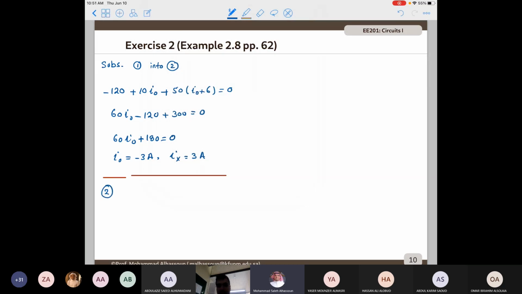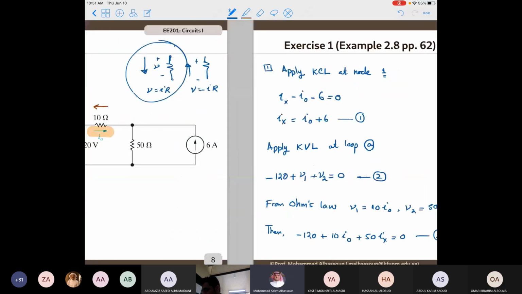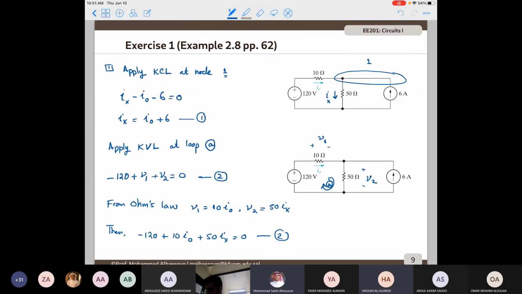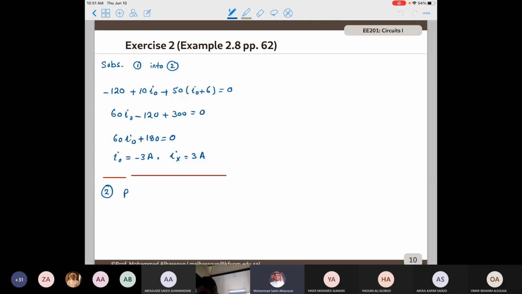So for that reason, let's start with this. Can you find the power by the 120 volt source?